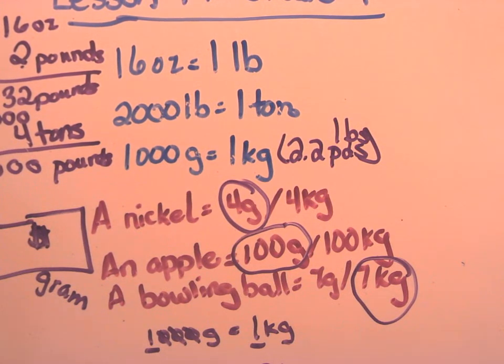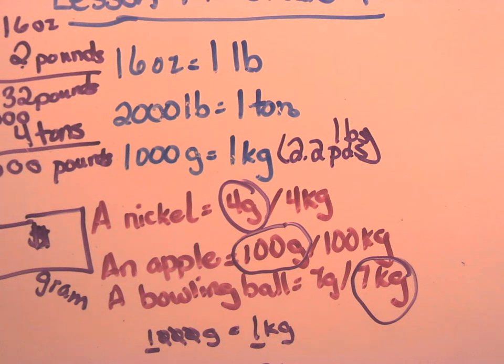And we already did the bowling ball one. What about a tennis ball? 5 ounces or 5 pounds? Pretty heavy tennis ball if it's 5 pounds, so a tennis ball would be 5 ounces. A dog would be 11 pounds or 11 ounces? Probably 11 pounds. I know most of our dogs are probably even more than that.